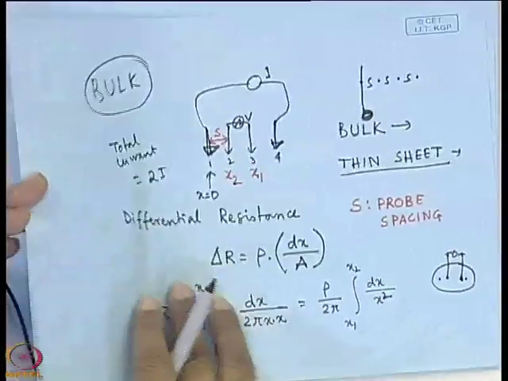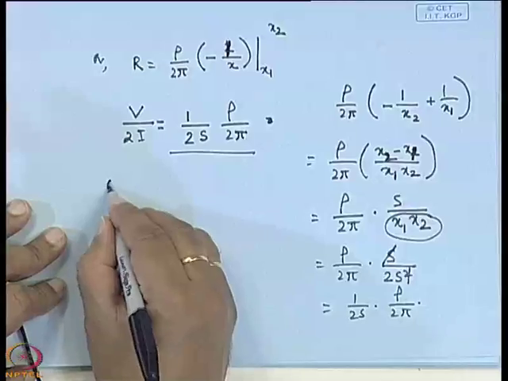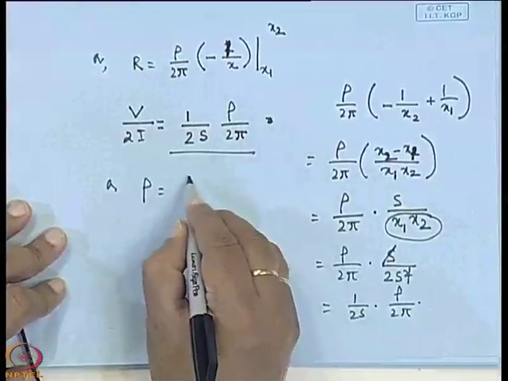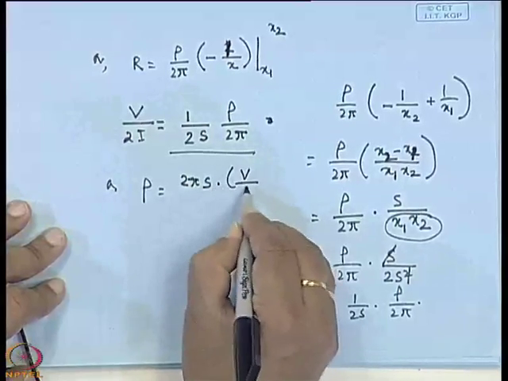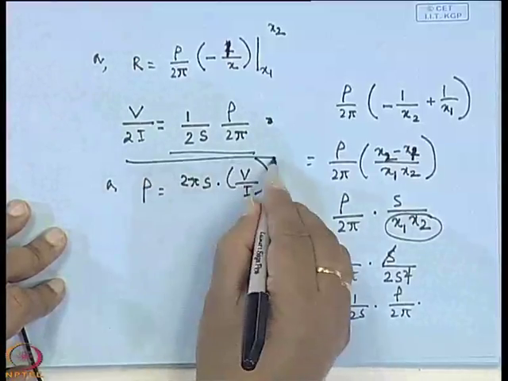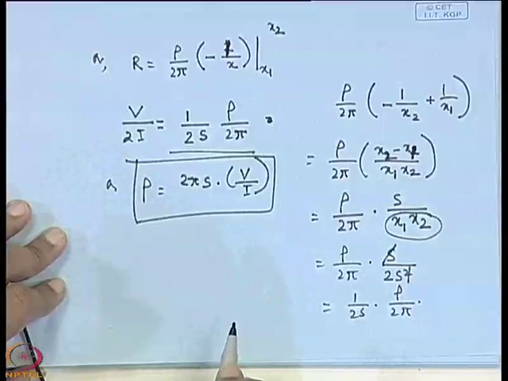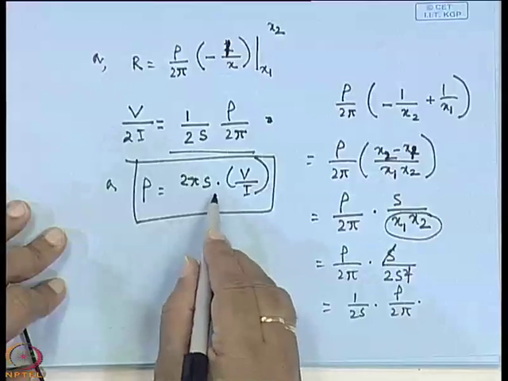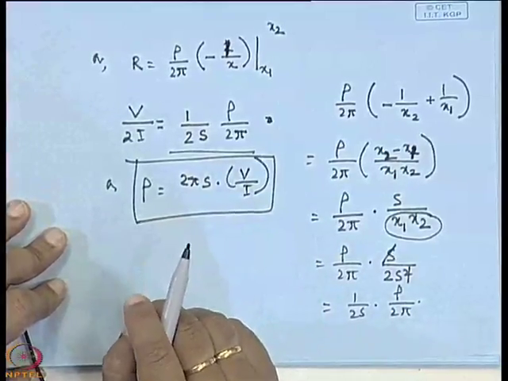So this R equals V by twice I, or rho equals twice pi into S into V by I. That is the solution for this 4-point probe bulk material, not the thin film or thin sheet material. It is rho equals twice pi S V by I, where S is the uniform spacing between any two probes.